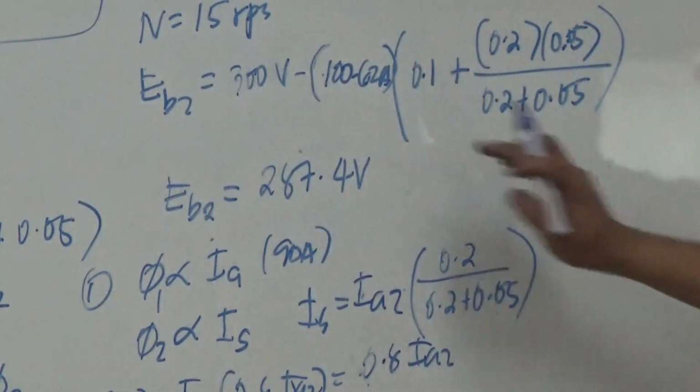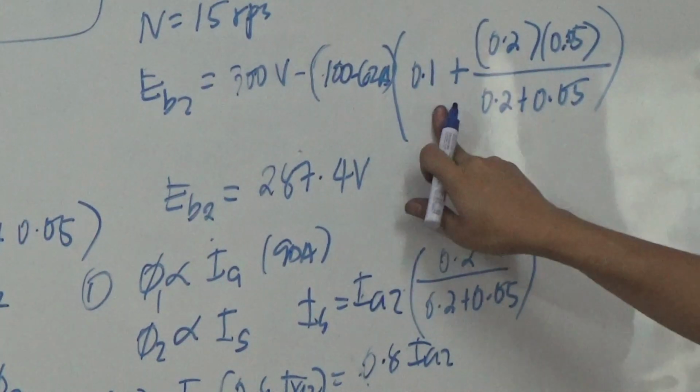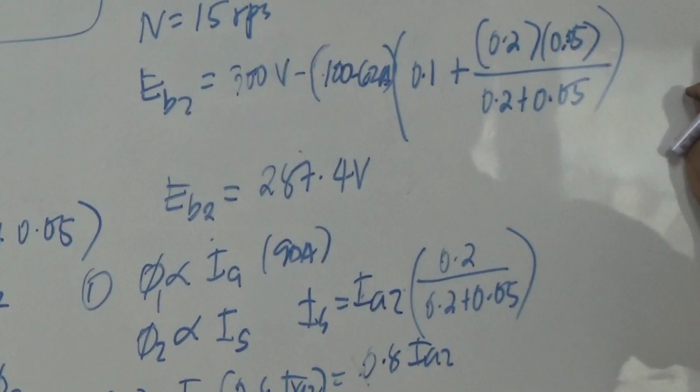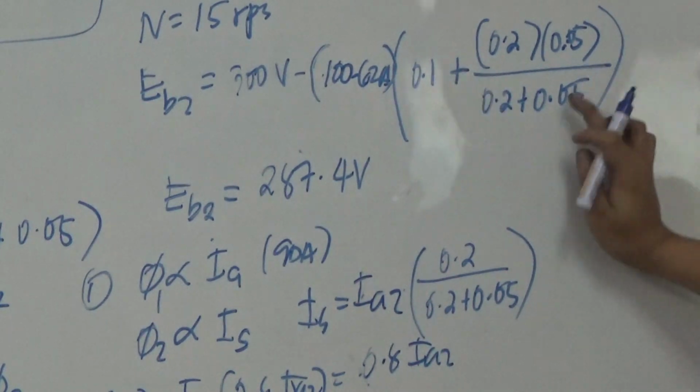So, EB2 is 300 volts minus 100.62 amperes times 0.1 plus the parallel equivalent of the diverter and the shunt field, series field resistance, or 0.2 times 0.5 divided by 0.25.